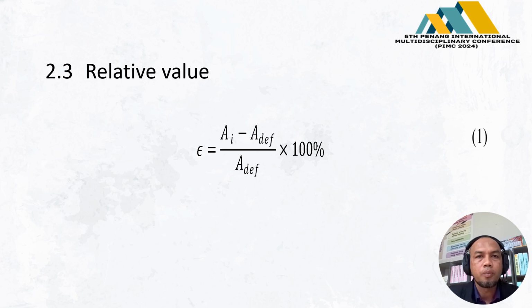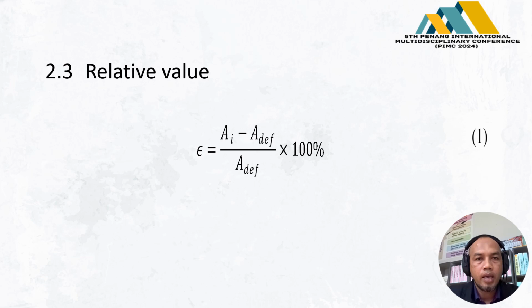Then a comparative assessment of deflection and cycle time across various melt temperatures is conducted to ascertain the interrelationship among them. This evaluation entails the computation of a relative value, denoted as A_rel, which is expressed by equation 1.